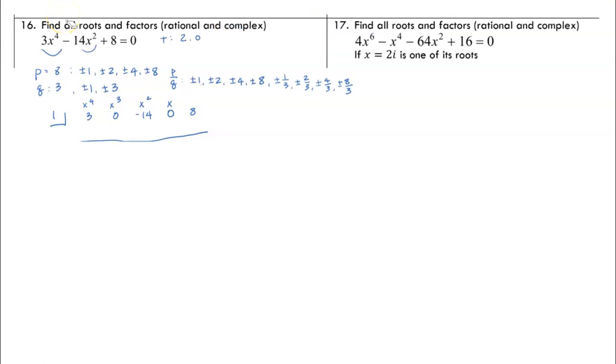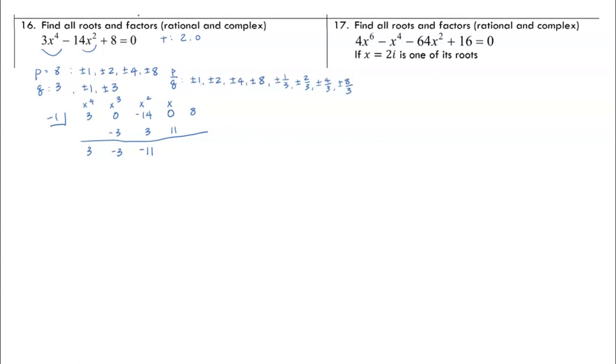Bring down the 3. 3, 3, 3, negative 11. I don't think so. Let's try negative 1. 3, negative 3, negative 3, and then 3, negative 11.